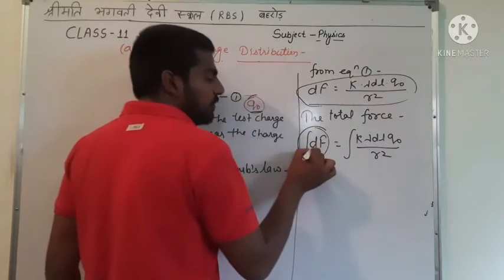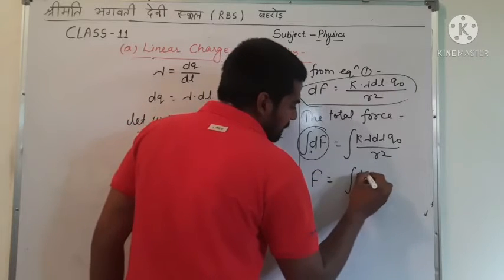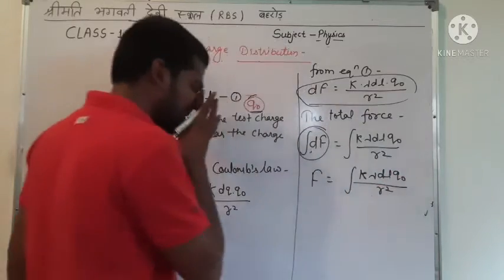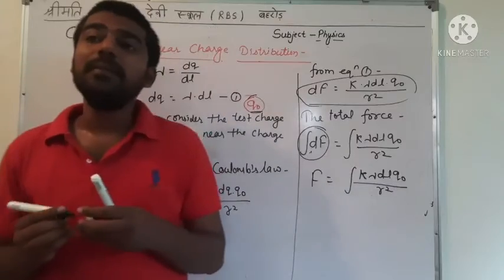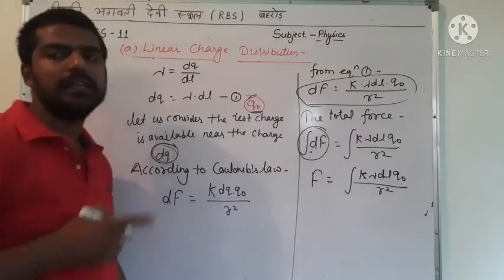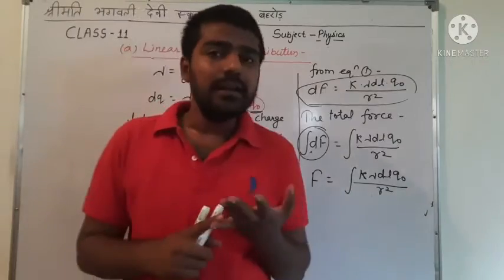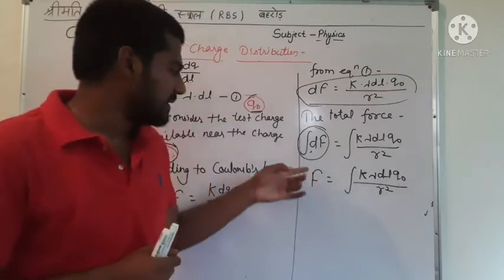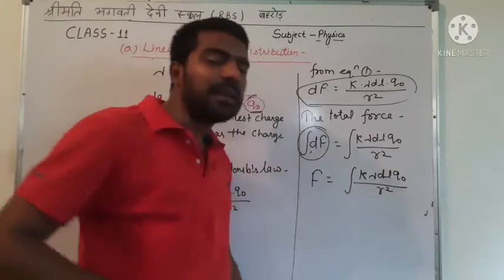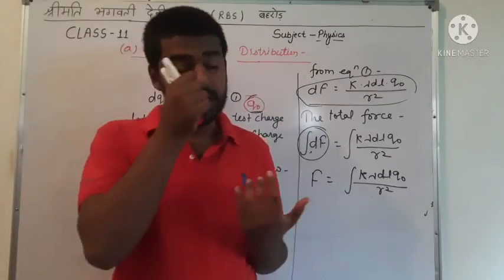The answer of the integration is F equal to k lambda dl q0 upon r square, and this is the force applied on a test charge by a small charge dq. In other words, in linear charge distribution, this is the formula of force applied at a charge when the charge is distributed in linear form. And this is complete.